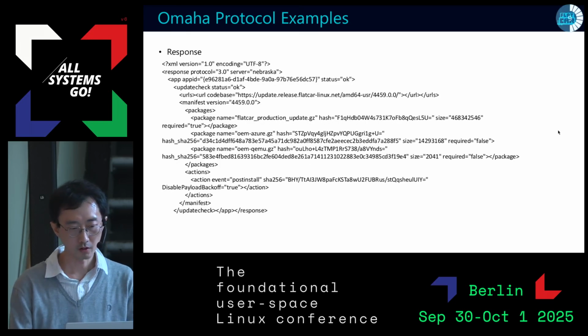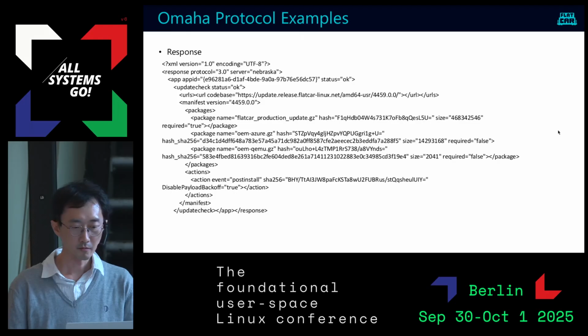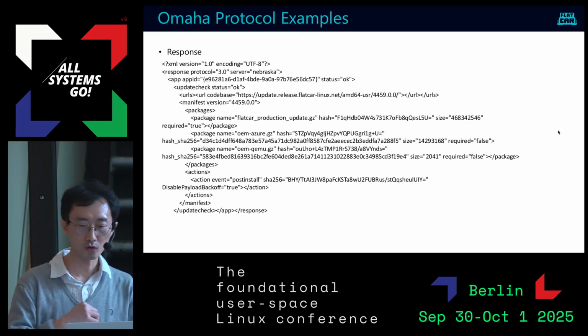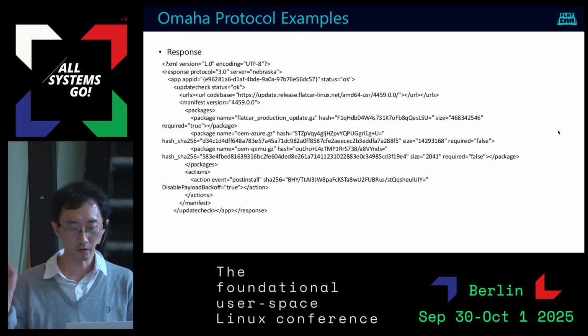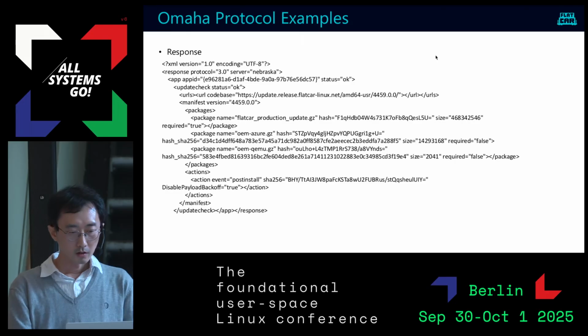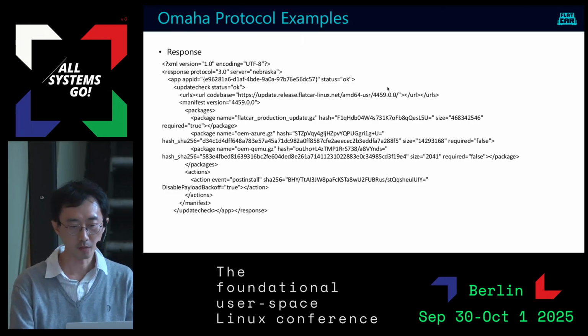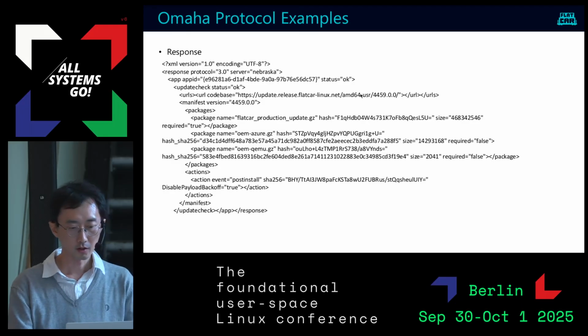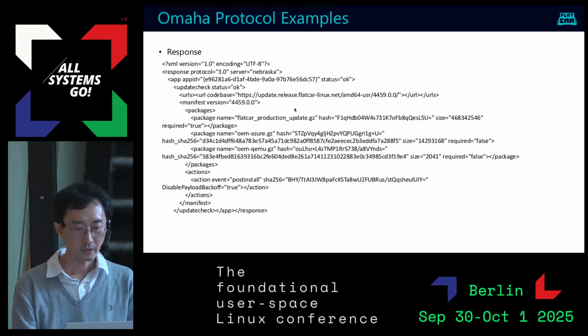The more interesting one is the response. This response is given back to the update engine. The URL for the artifacts and update payloads are given here, along with a manifest version and the flatcar_production_update.gz file.